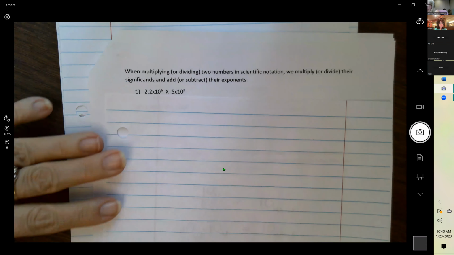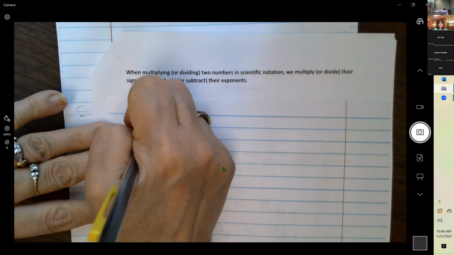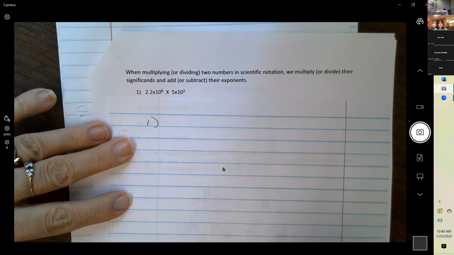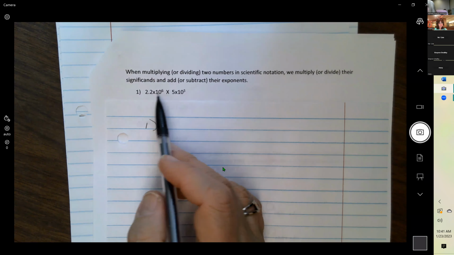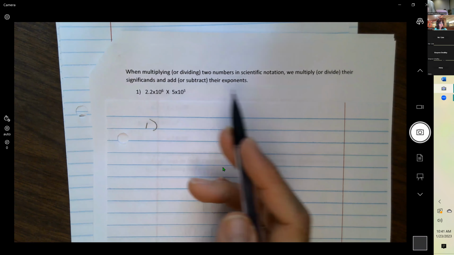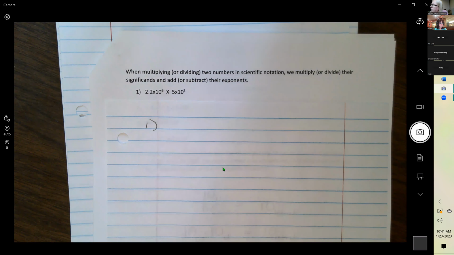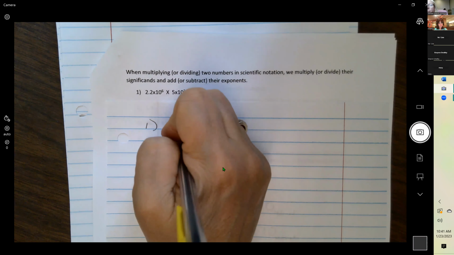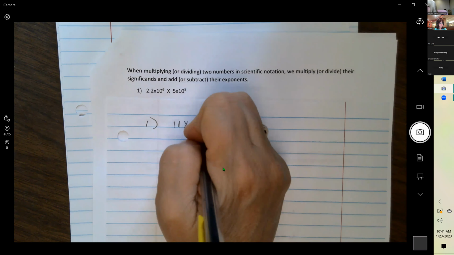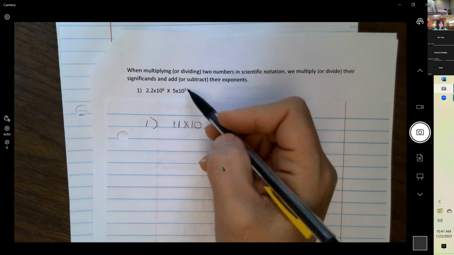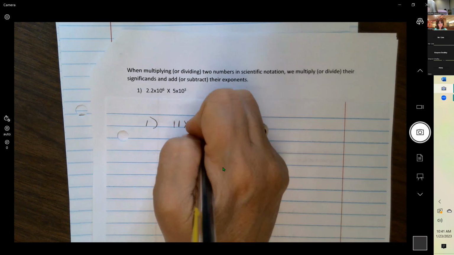So if we look at the first one, what this is saying is multiply the numbers in front. So 2.2 times 5, times 10, and then add your exponents, 6 plus 3.